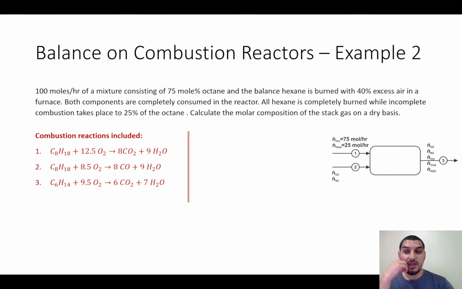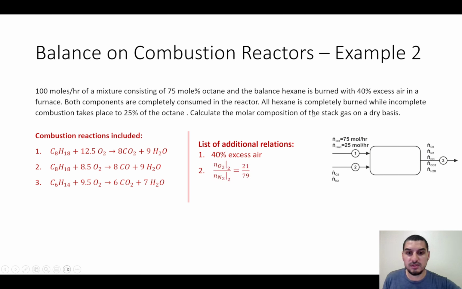And now let's write the additional relations that we have. From the beginning, the 75 is already on the diagram, so I already used this information. The first is that we have 40% excess air. The second is that it's air, so we have nitrogen to oxygen is 79 to 21. So we know the ratio of oxygen to nitrogen.